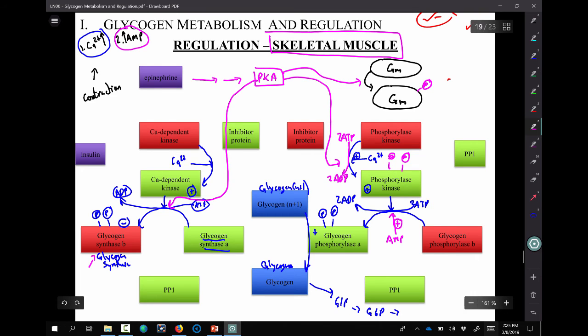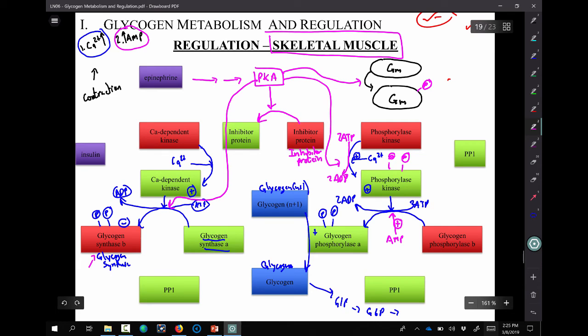It will also phosphorylate this protein that's called the inhibitor protein. Let me write this down: inhibitor protein, sometimes called inhibitor protein 1. Inhibitor protein will work for our purposes.